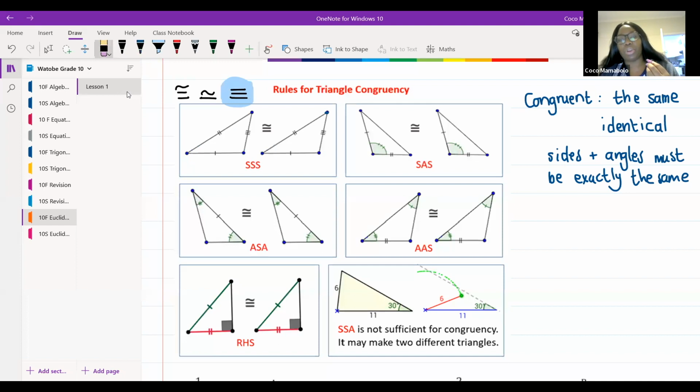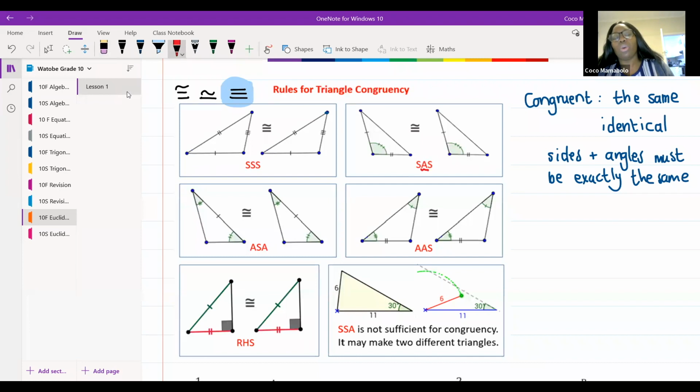The next case that we're going to look at is side, angle, side. It's very important for us to recognize that this is specifically saying side, angle, side. You guys notice how the A is in the middle of the 2 sides. So it's side, angle, and then side.